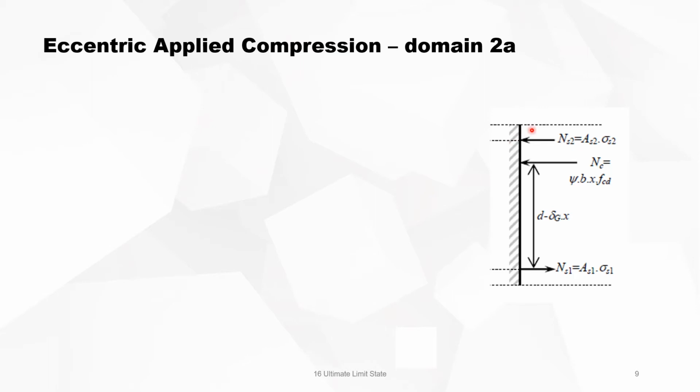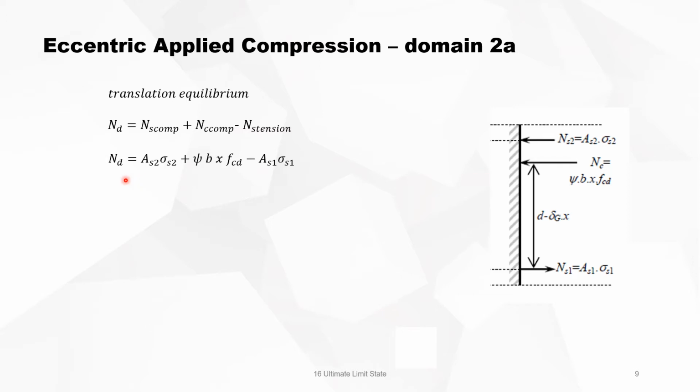So we concentrate on the forces, and it's always the same system. We take a translation equilibrium. It means that the action, ND, equals the reaction. And the reaction is, of course, the compression in the reinforcement and in the concrete minus the tension in the steel.